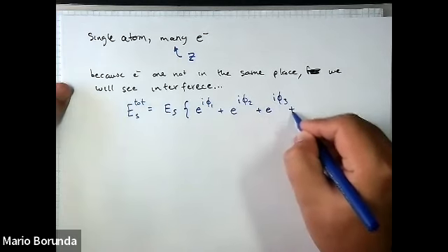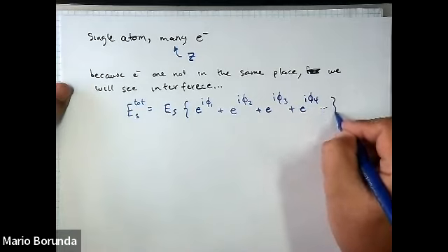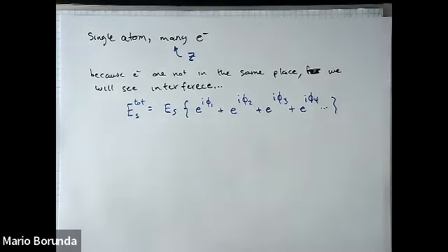It depends on how many electrons you have, but you could have that many phases. Each electron has a different phase from the other ones because they're not in the exact same location as before. Does that make sense? So that is what you would see for a many-electron system.